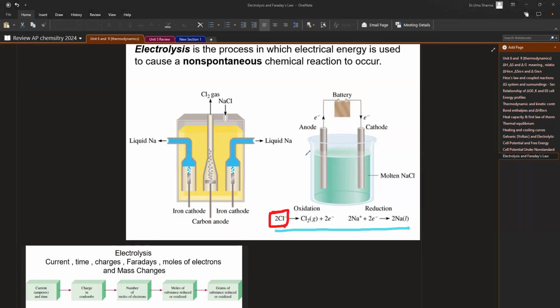Charge on the anode. All of you, please. That's why Cl minus is moving. What is the charge on the cathode? That's why Na plus is moving in that direction.